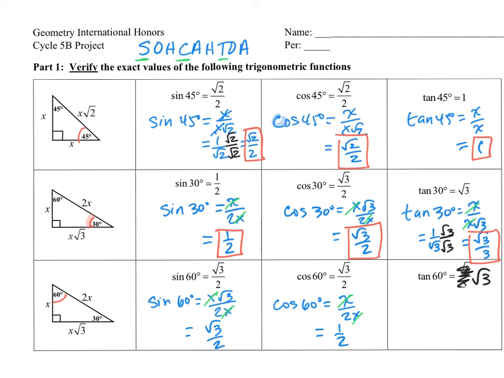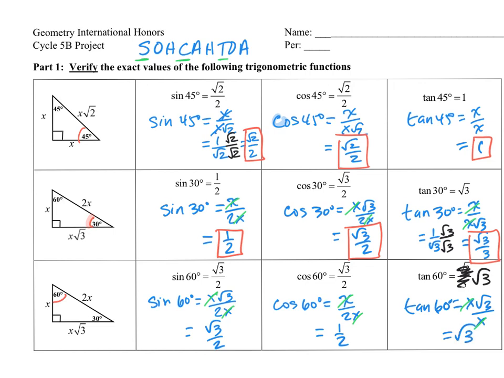So now let's verify that the tangent of a 60-degree angle is square root of 3. By looking at our diagram, we'll take opposite over adjacent. So the tangent of our 60-degree angle in the diagram is equal to x square root of 3 over x. Those common factors of x will cancel, and we get that the tangent of a 60-degree angle is just equal to the square root of 3.